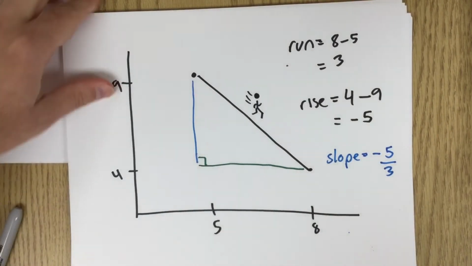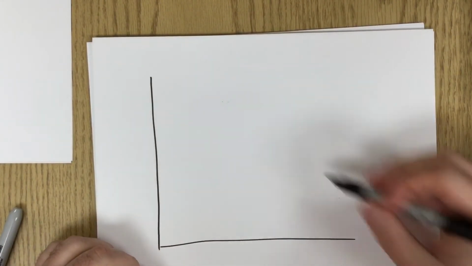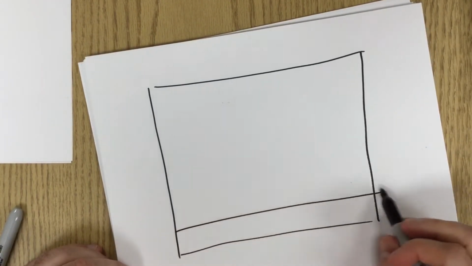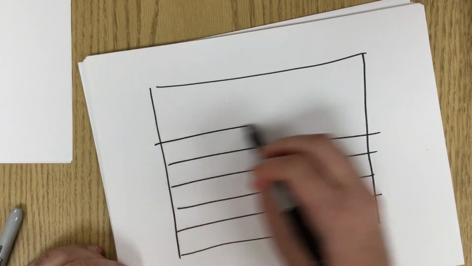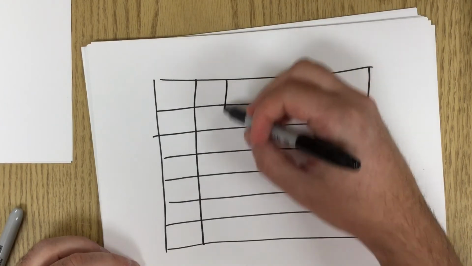Now, sometimes the sketches won't be that pretty. What you might actually have is a grid. So let's say you have a grid. I possibly should have done this on graph paper.